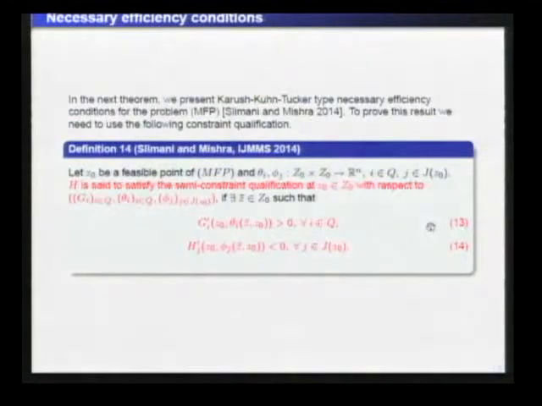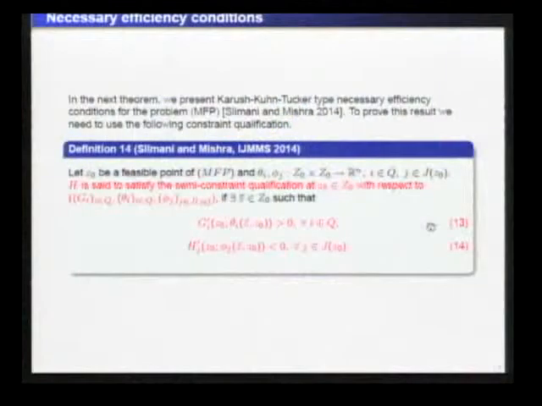To obtain a necessary efficiency condition for the problem MFP, we need to use the following semi-constraint qualifications. If we have Z0 a feasible point of MFP and some functions theta i and phi j, we say that H is said to satisfy the semi-constraint qualification at Z0 with respect to Gi, theta i, and phi j if relations 13 and 14 are satisfied.